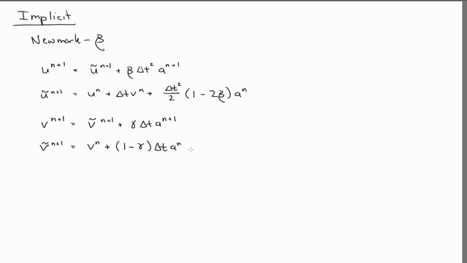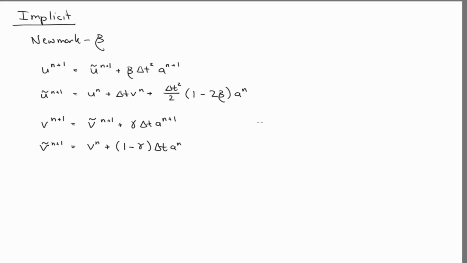So what the Newmark Beta is, is sort of an interpolation between a fully explicit method, fully Euler explicit method, and a fully Euler implicit method. Okay, and so the beta term is the sort of interpolant between the two methods. It gives you a higher order in time, and the gamma is a damping term on the velocities. Okay.